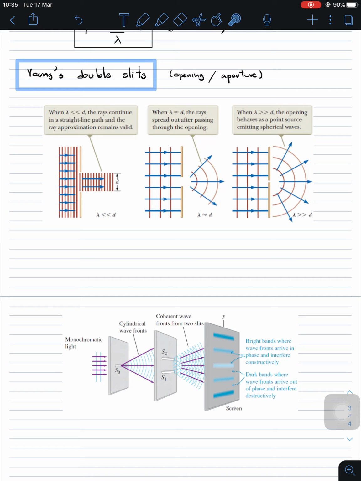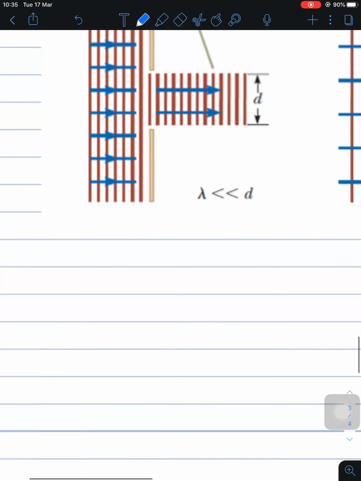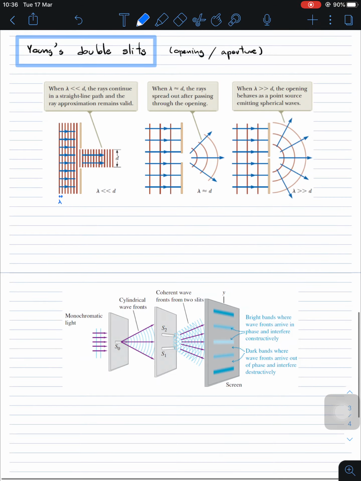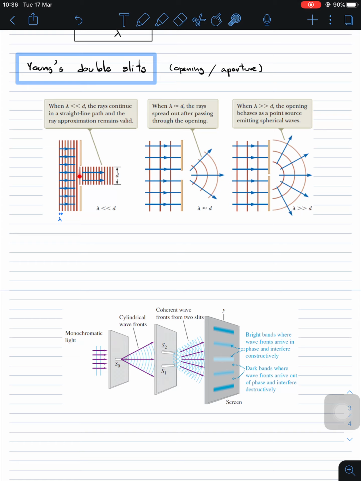So in this case, from this picture, what is the wavelength of the incident wave? The wavelength is the distance between the wavefronts. So now you can see that this will be the wavelength. If the wavelength is much less than the size of the hole, the wave will just continue its path from the left to the right.